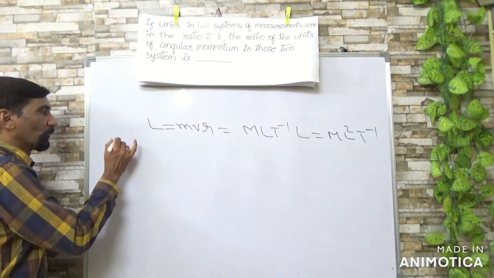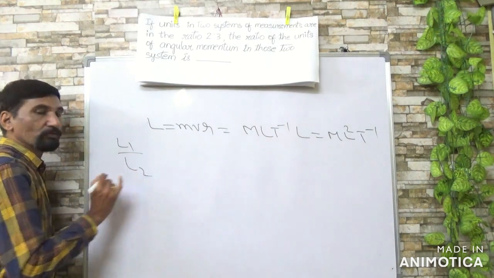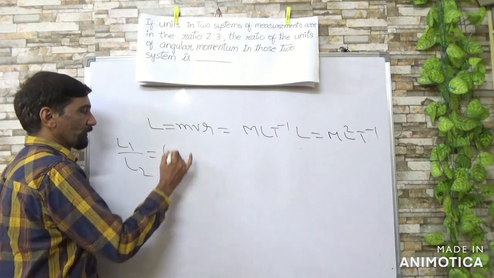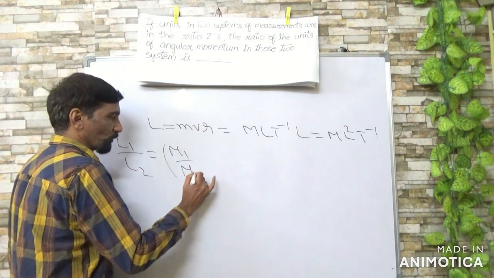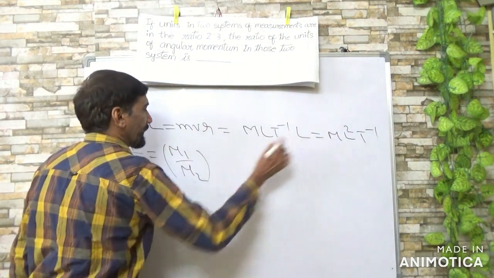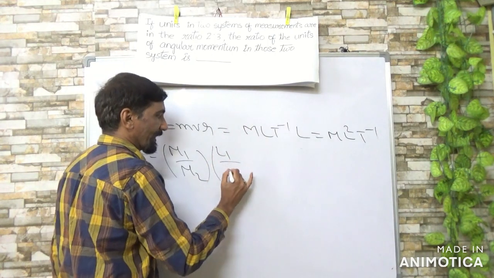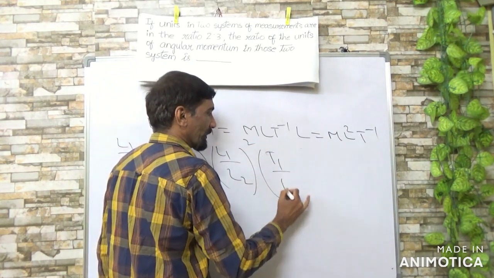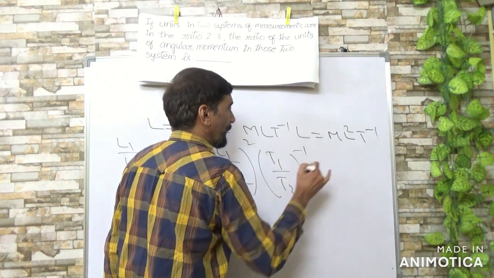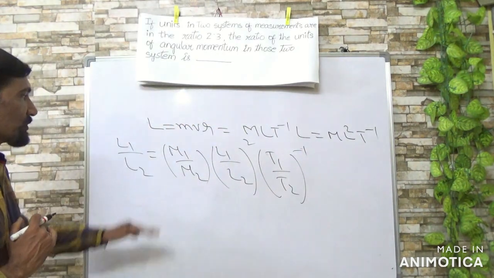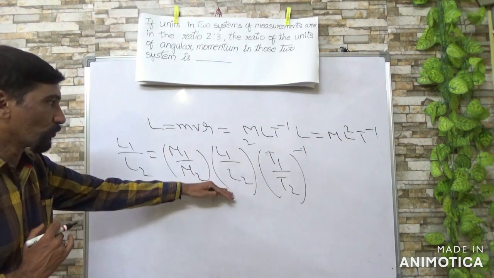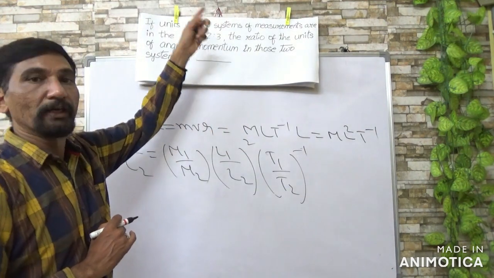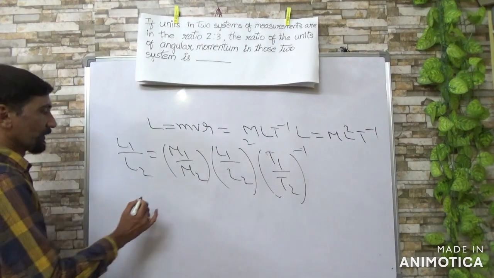Now you want the ratio of units of angular momentum, so M1 by M2, next L1 by L2 whole square, T1 by T2 power minus 1. According to the problem, these ratios are each 2 by 3.